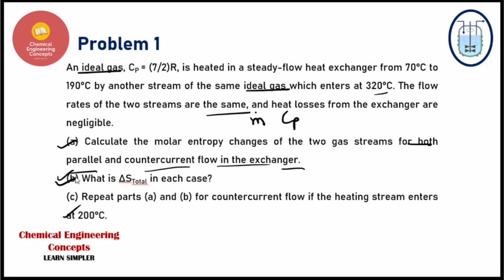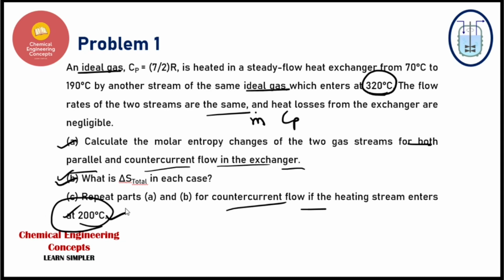And in the third part we have to repeat the above two parts for the counter flow stream if now the heating stream enters at 200 degrees centigrade. In the first part the heating stream enters at 320; in part C, the heating stream enters at 200 degrees centigrade.